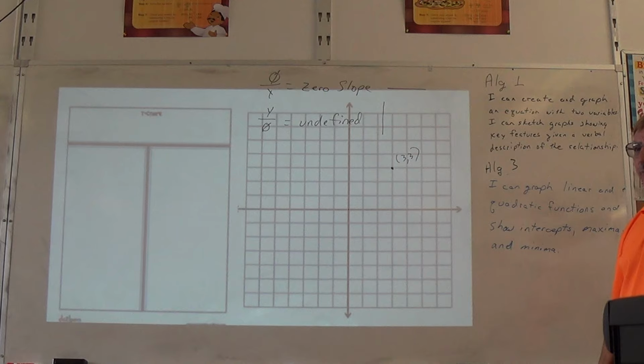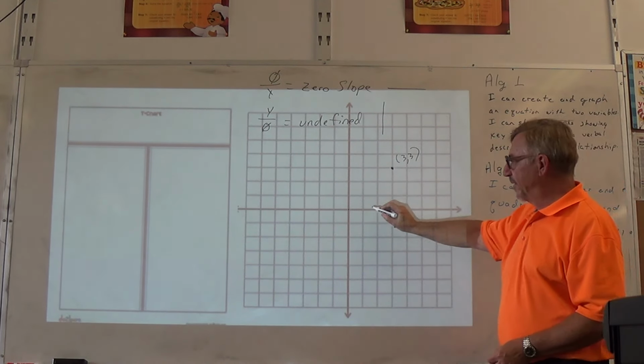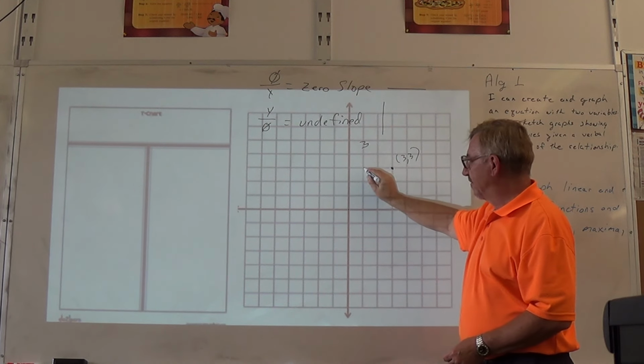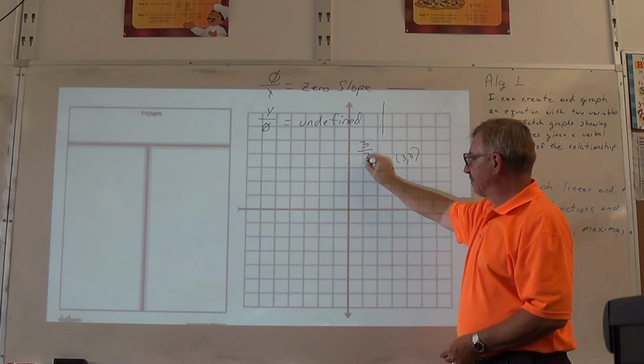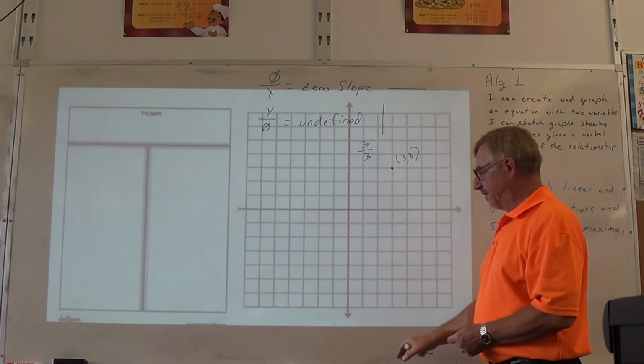If I go 1, 2, 3, there's my y, and 1, 2, 3, there's my x. My slope is 1.